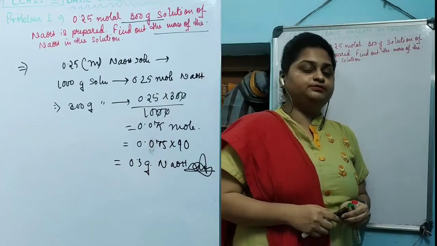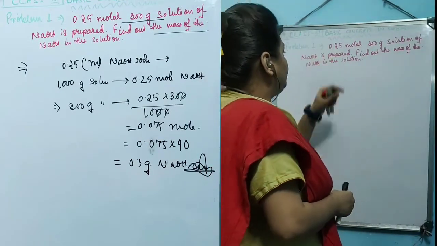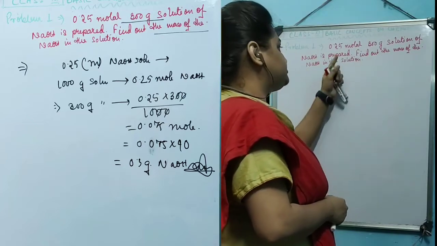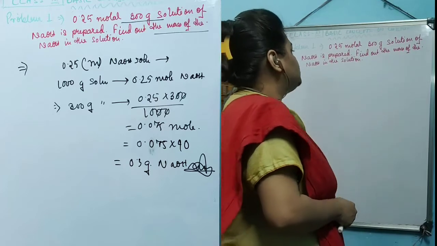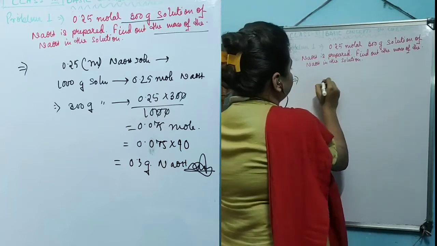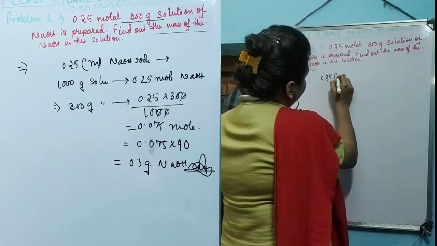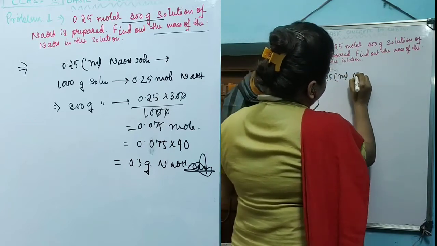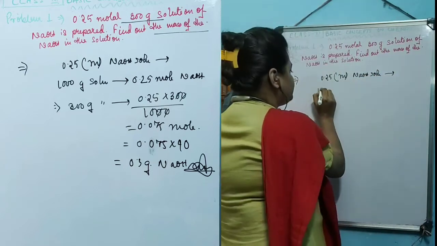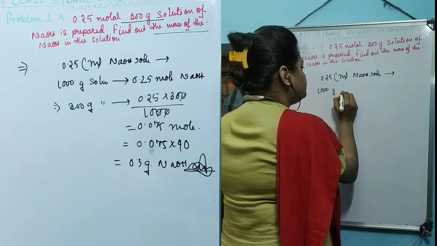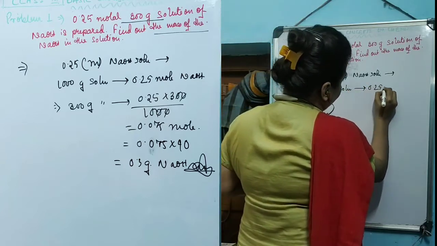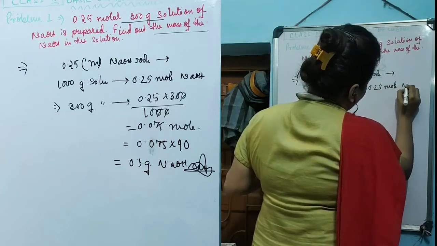In the next problem, it is given that a 0.25 molal, 300 gram solution of NaOH is prepared. Find out the mass of the NaOH in the solution. Now, the information given is a 0.25 molal NaOH solution. This means that 1000 gram of solvent contains 0.25 mole of NaOH.